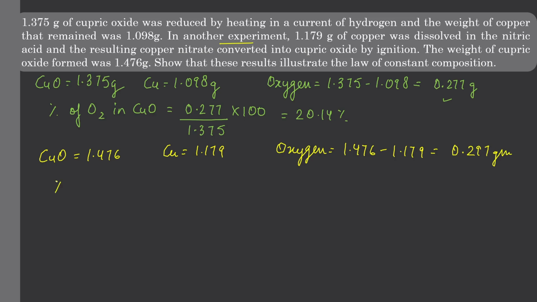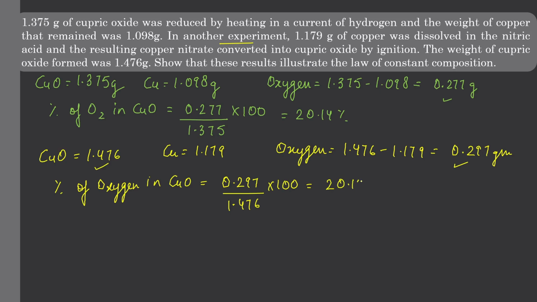The next process we have to do is again finding the percentage of oxygen in copper oxide. What is the mass of oxygen? It is 0.297. What is the total mass of copper oxide? That is 1.476. Multiply this by 100. Again, we'll find the percentage. On solving, we'll get 20.12.